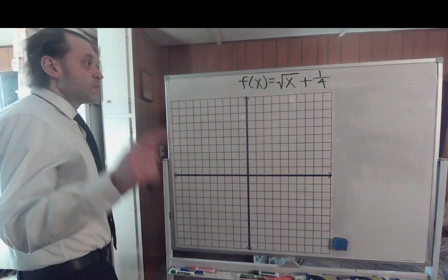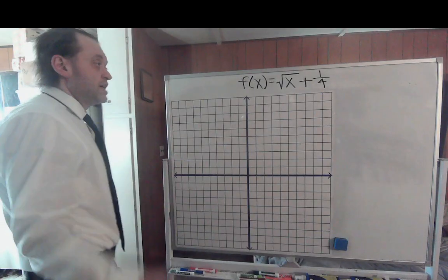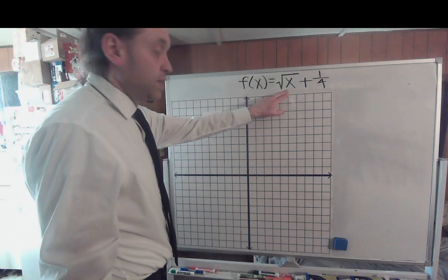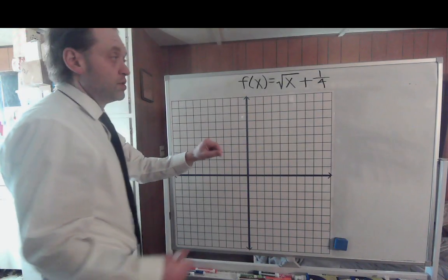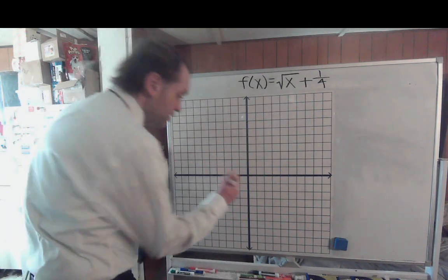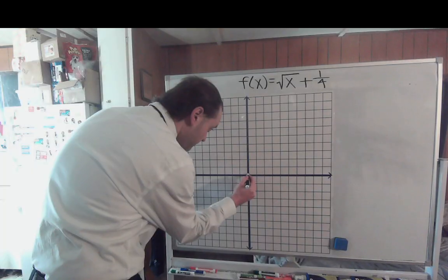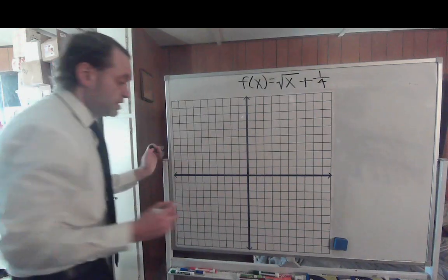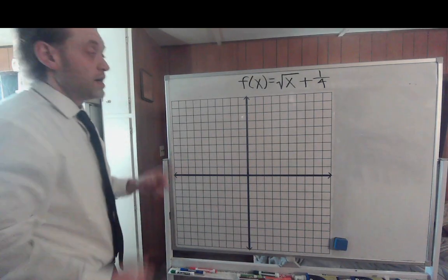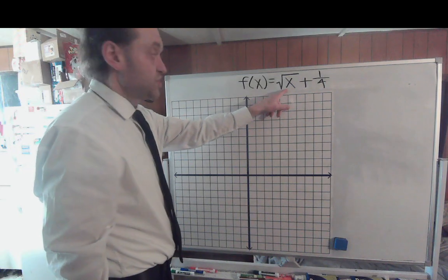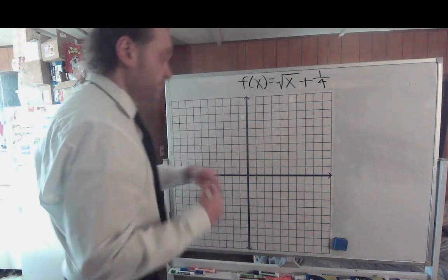So, for example, if I put in 0 for x, what do I get? Square root of 0 is 0, then plus 1/4. That would actually put me at 0, 1/4, which would be right about there. I would start right there. Now, if I put in 1, square root of 1 is 1, plus 1/4.